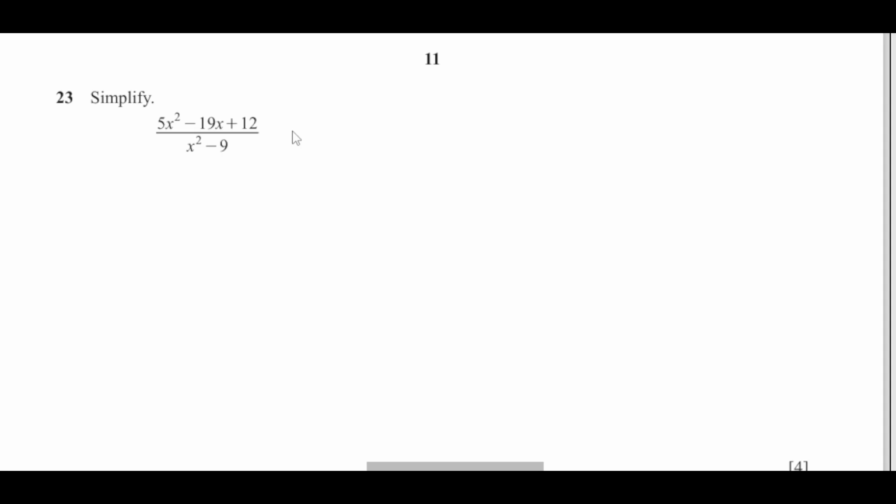We are looking for something that when you multiply gives 12 times 5, which is 60, and when you add them together you get negative 19. So I can see 15 and 4 can work. 15 times 4, both negative, so negative 15, negative 4.